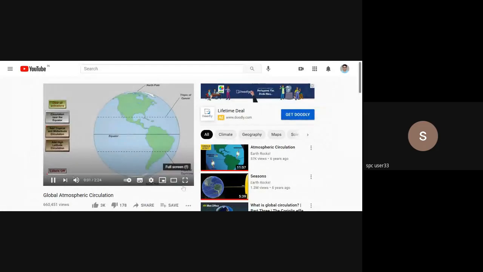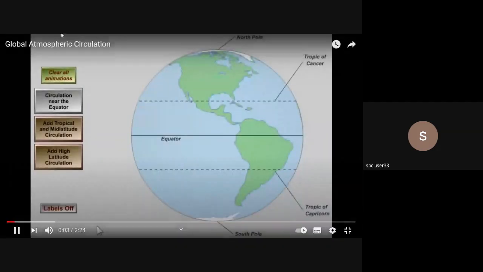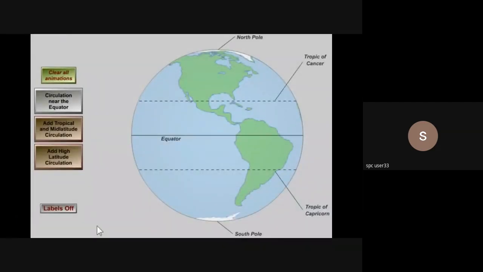In this animation, we're going to look at global wind patterns and talk about the reasons why the air circulates the way it does, and also patterns of rising and sinking air and how that relates to precipitation. The engine that drives it all is the intense heating by the sun that occurs in the equator areas where the sun is shining at a very high angle of incidence.